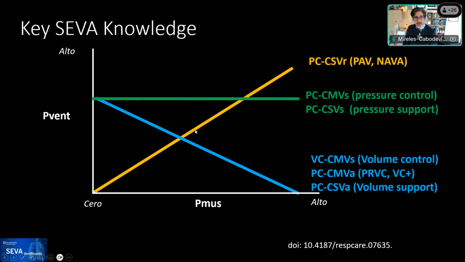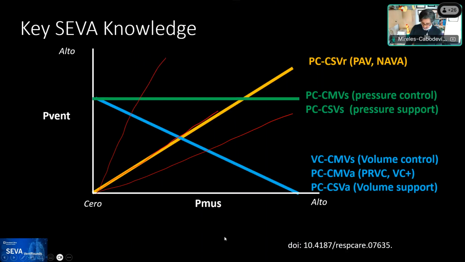And in PAV it is the proportionality. If you set a lower amount of support, it would look like this. And if you set higher, the proportionality would be more inclined.